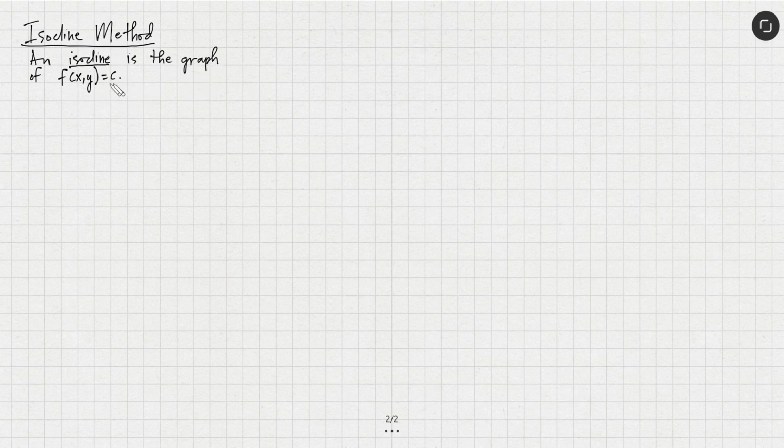Okay. So, recall that f of xy is equal to y prime, and the isocline is the graph of f of xy equals c. So, ibig sabihin, lahat ng tangent lines on that isocline will have a slope exactly c. Okay. So, let's write that as a remark.